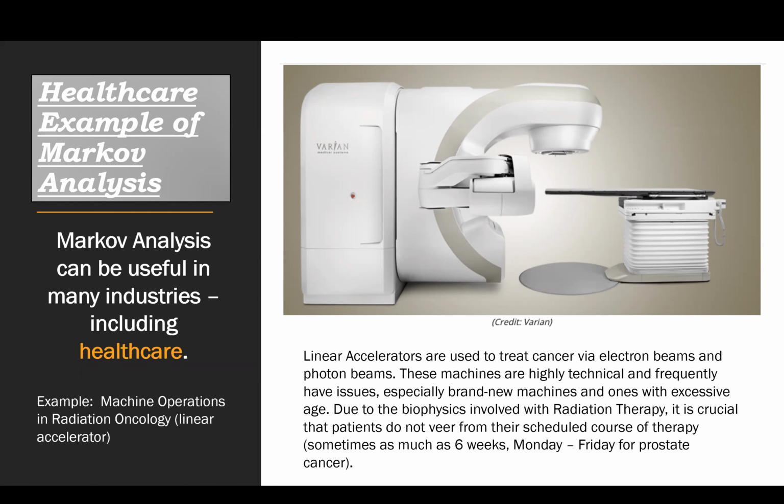I hope that none of you have ever seen the machine that's on the screen, and I hope that you never have to, but it is a radiation therapy machine. People that are getting radiation treatments for cancer, that's the machine that's used for that. Those courses of treatment vary, but it's very important that the people getting radiation therapy do not veer from their course of treatment, if at all possible.